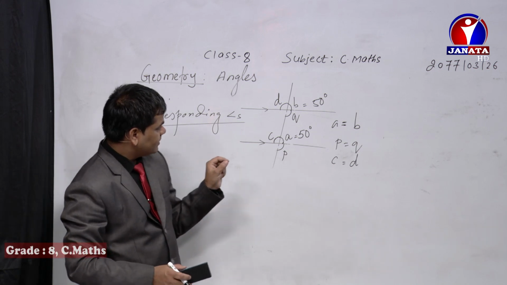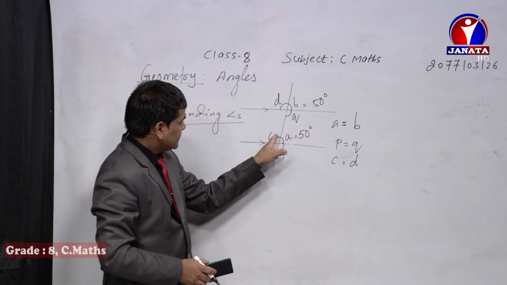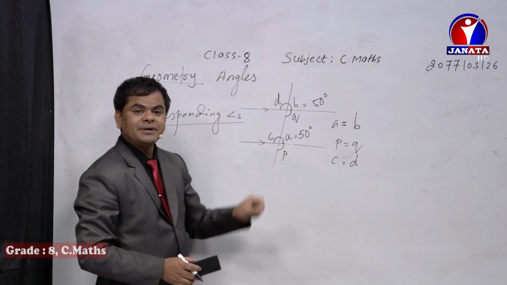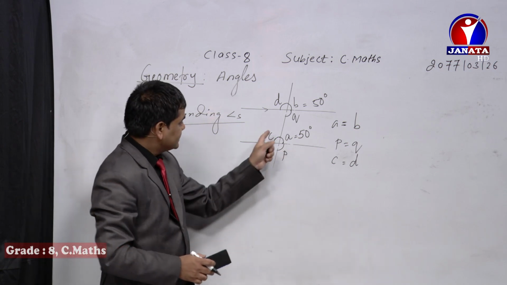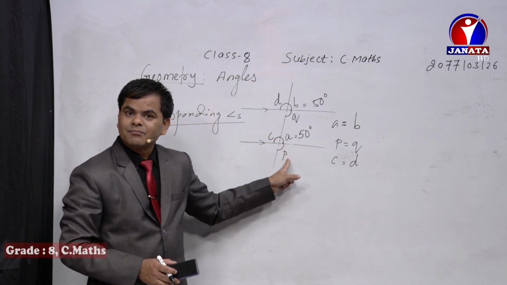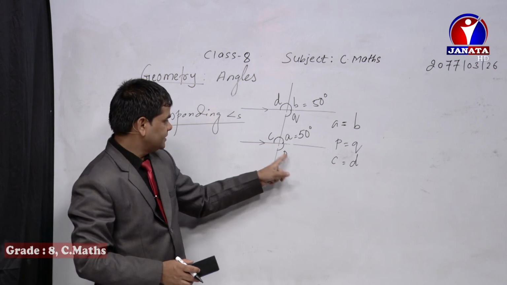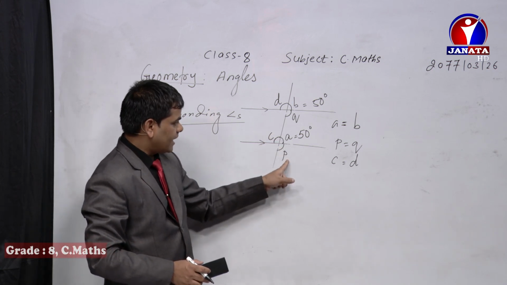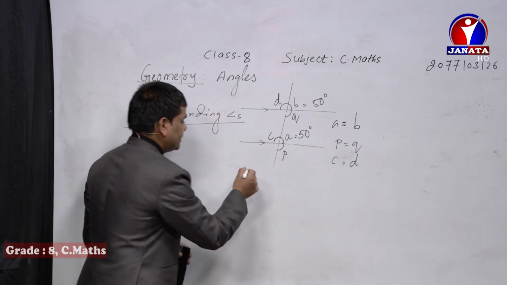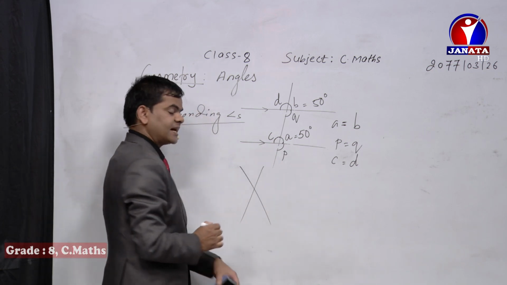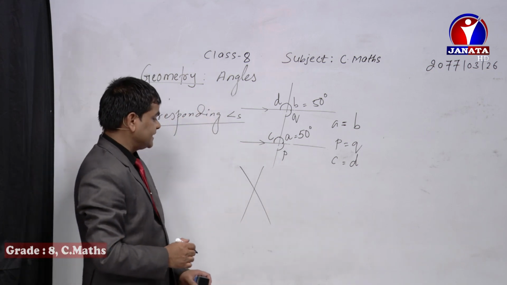And dear students, did you see here? What is the relation between C and P? C and P are vertically opposite angles, dear student, because both straight lines are intersecting and passing through each other.